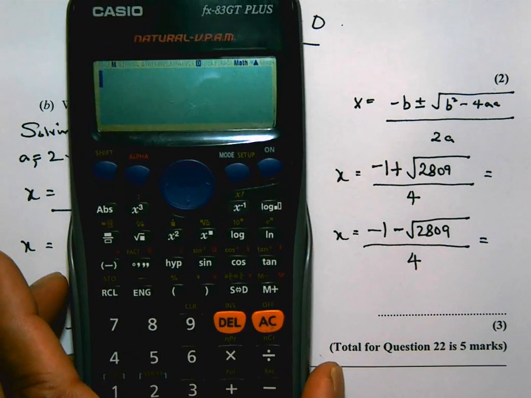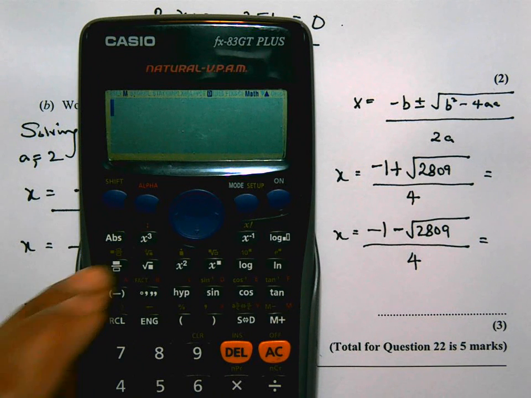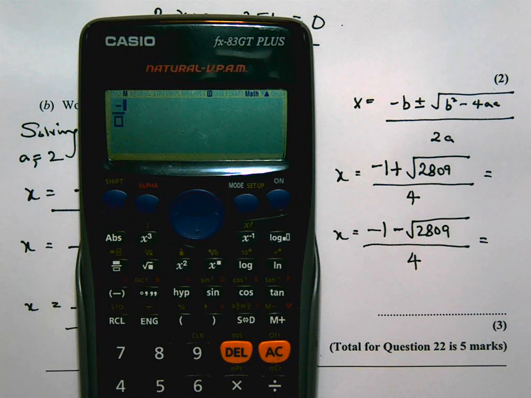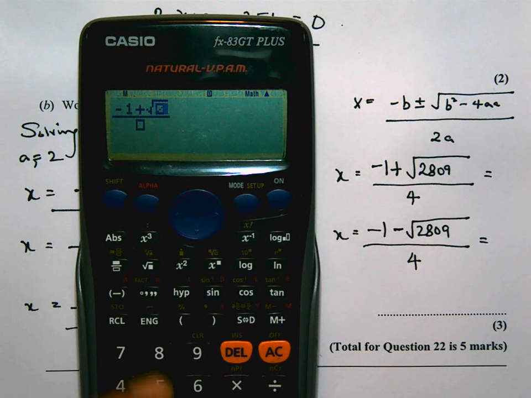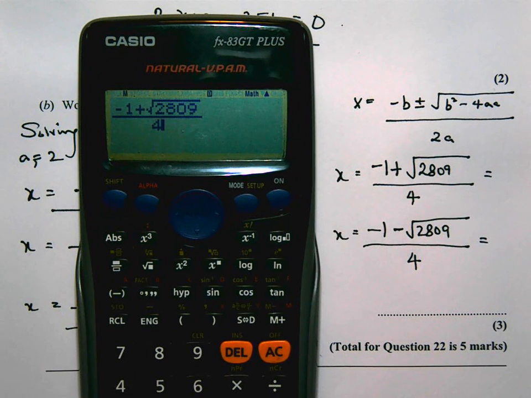Okay, so I'm going to use the fractions button, and I'll do minus 1 plus the square root of 2,809 and under the line 4, equals, and that gives me exactly 13. So that's good to know.